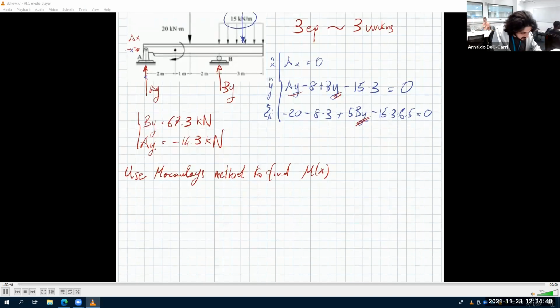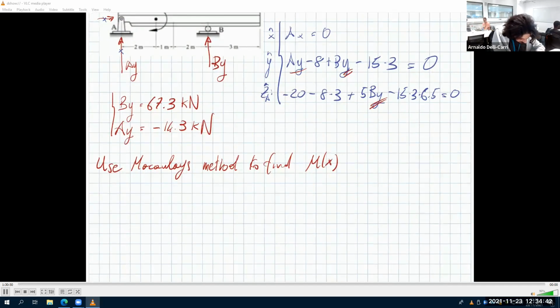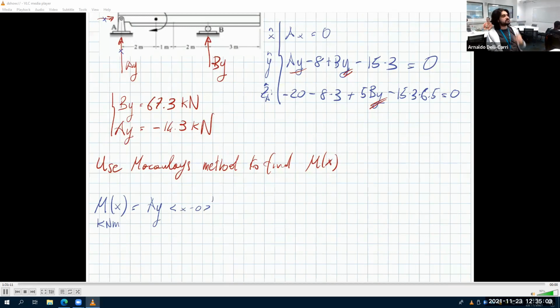So let's start with M of x. So this is kilonewton meters, is Ay times x minus 0 to the power of 1. How do I know? Because this must be kilonewton meters. Agreed? Kilonewton meters.